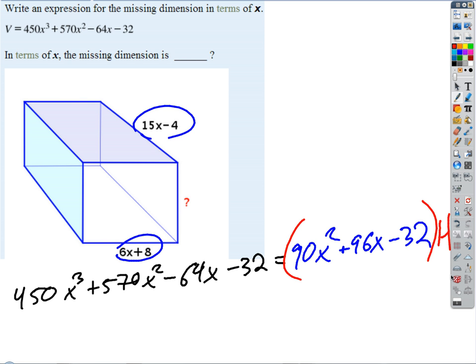So I would just divide the black cubic polynomial by the blue quadratic polynomial using long division, and that's going to give me h. Right? Make sense?